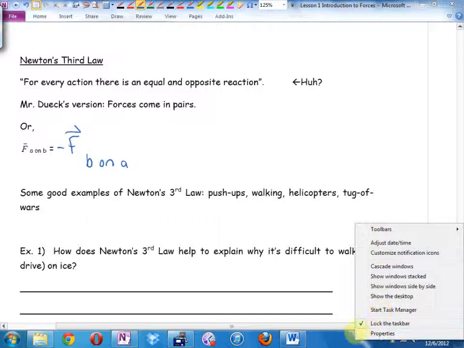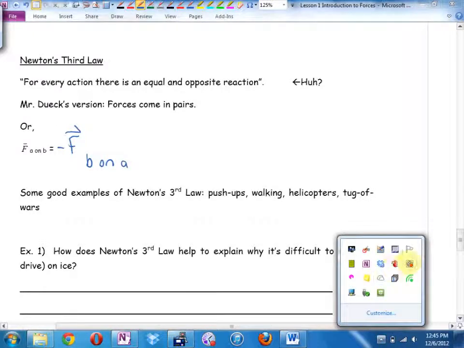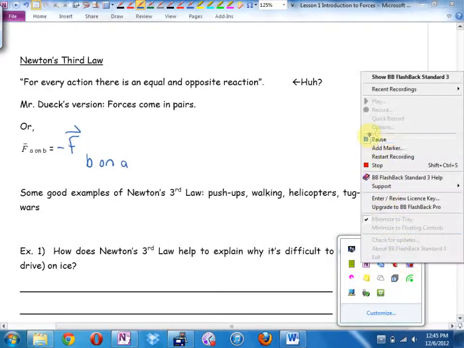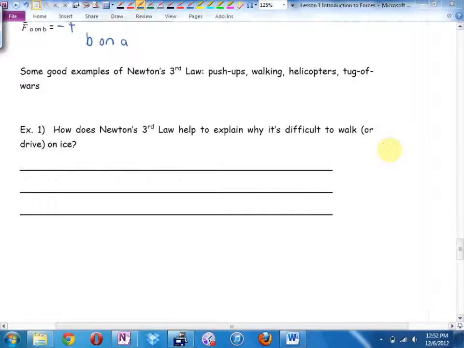Let's look at some examples. I need a volunteer. How does Newton's third law help explain why it's difficult to walk or drive on ice? No friction means no force to accelerate.